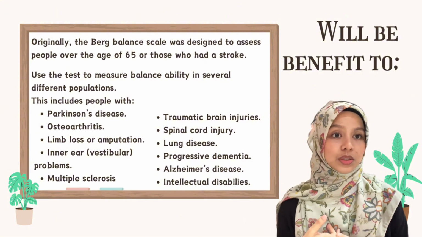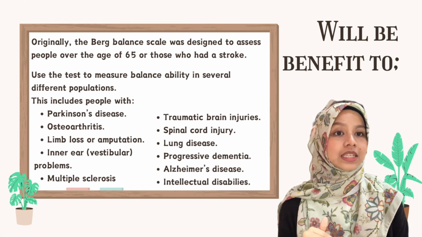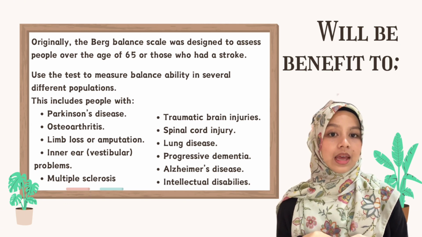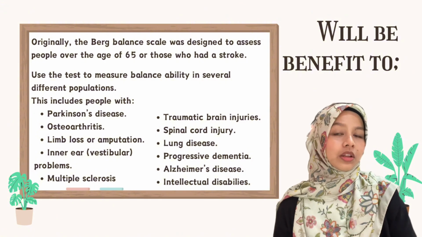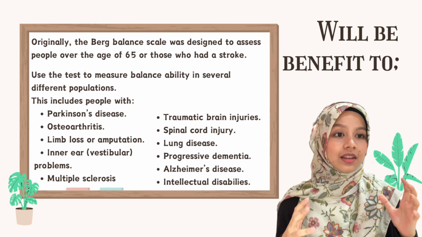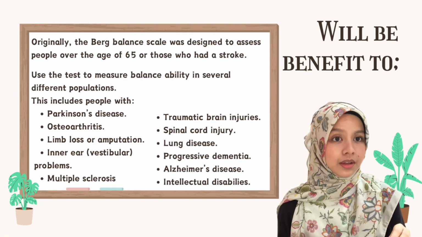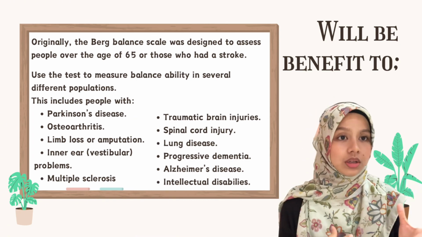The Berg balance scale is also used to measure balance ability in several different populations. This includes people with Parkinson's disease. We know that Parkinson's disease involves shaking. Their body is shaking and it is hard to control themselves, to hold something, to walk, and so on.